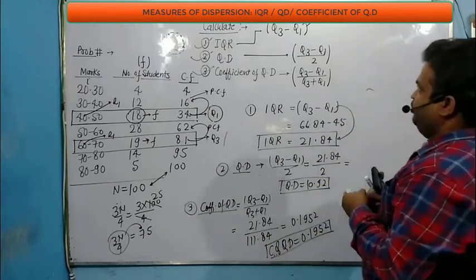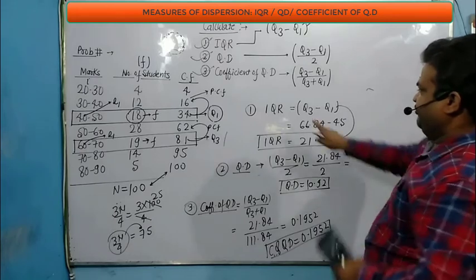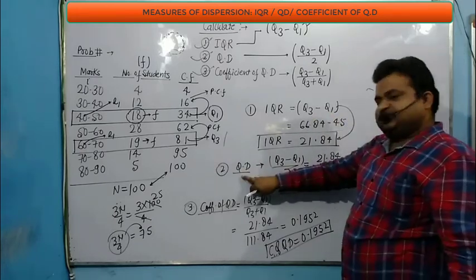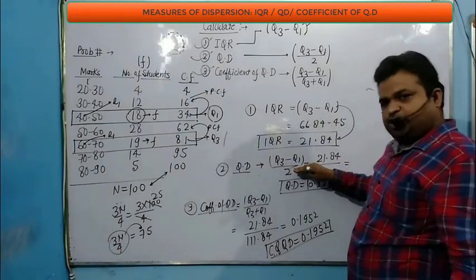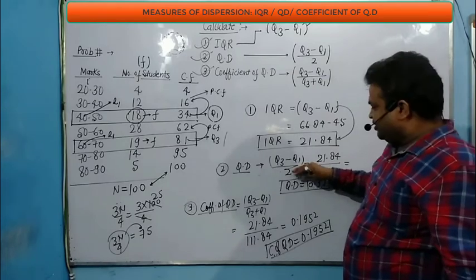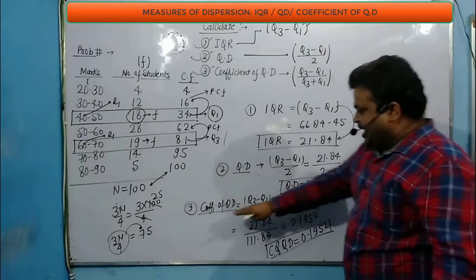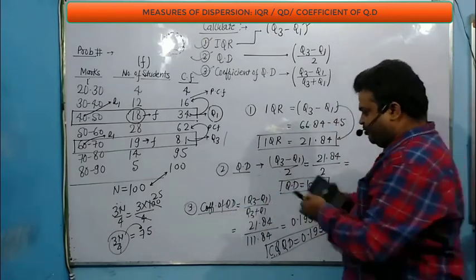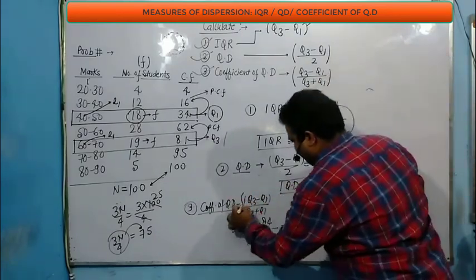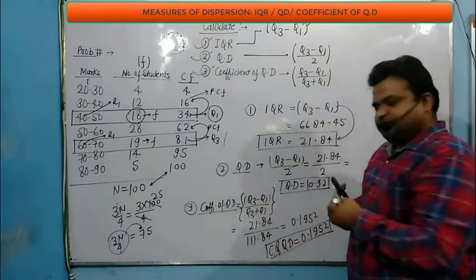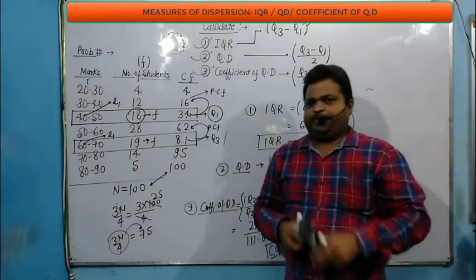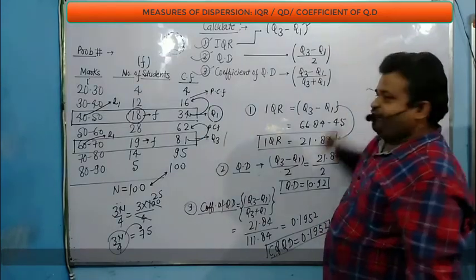So this is each parameter. Now you calculate the interquartile range, which is the difference of Q3 and Q1. Then semi interquartile range, also known as absolute measure of dispersion, Q3 minus Q1 divided by 2. With this formula I calculated quartile deviation value, and coefficient of quartile deviation using the formula Q3 minus Q1 divided by Q3 plus Q1. So important thing is, number one, you should know the formula.